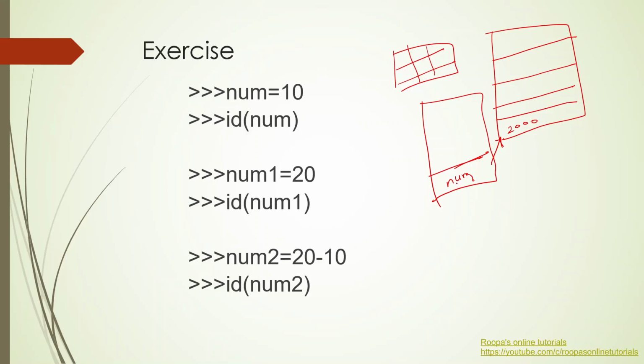The value of this num is what I've given, 10. So here num is equal to 10, and when I put this ID of num here, I'll get this value 2000.